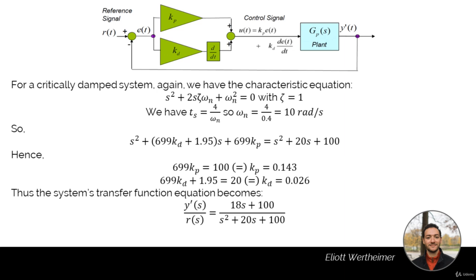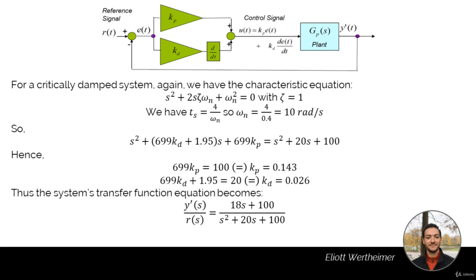You can then identify term by term, so 699 Kp is equal to 100. The part multiplied by s is 699 Kd plus 1.95, and that's equal to the same part on the right side, so 20, and that gives us a proportional gain of 0.143 and a derivative gain of 0.026.